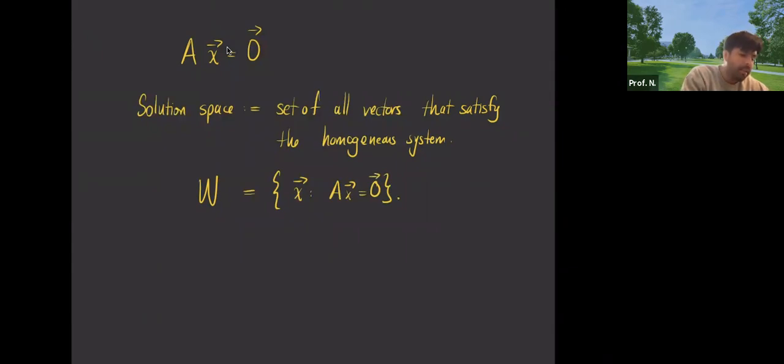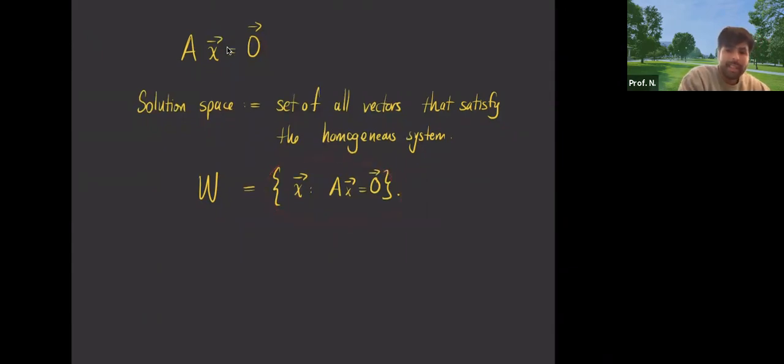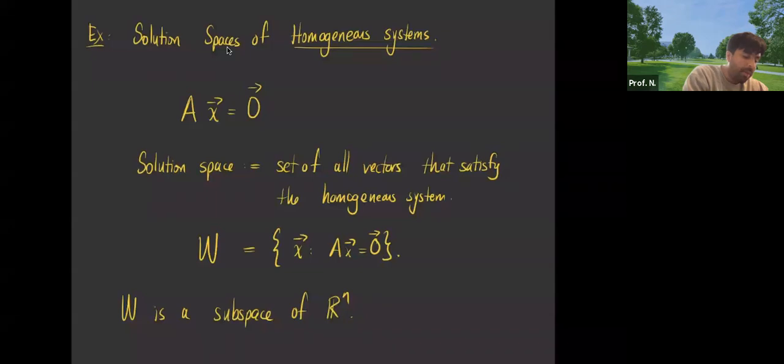This set here is a subspace. W is a subspace of Rn. The moment we talk about matrices, we're in an n-dimensional space. Recall that matrices represent linear transformations.